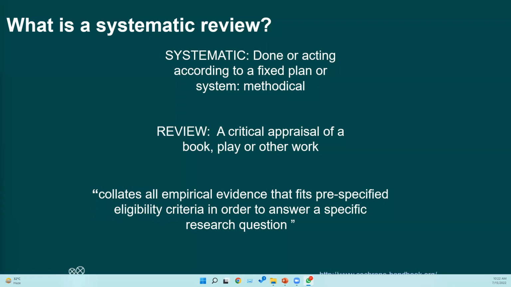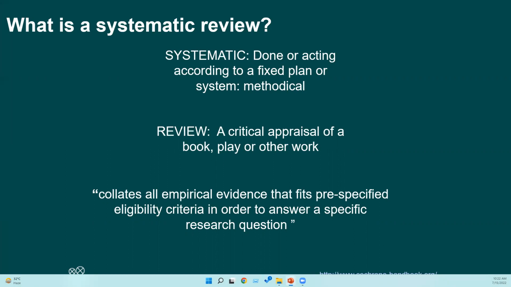So systematic is something that is methodological. That's what systematic means. And the other part is review. When we do any kind of review, like a book review, we critically appraise what was there.